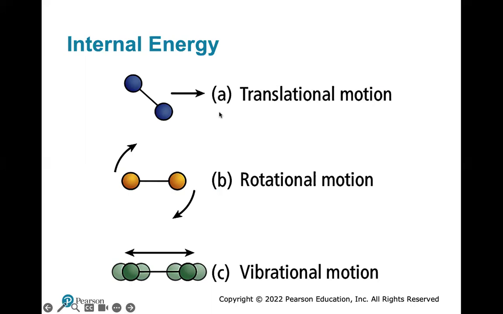They can move, and it's the translational motion that gives us the kinetic energy that gives us our temperature. So remember that it's the translational motion that is the principal driving factor in temperature.